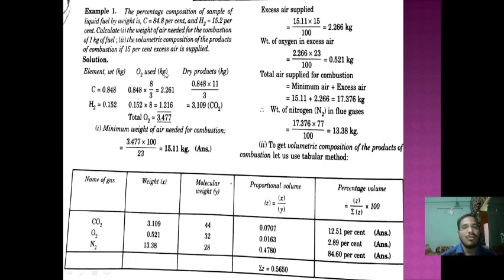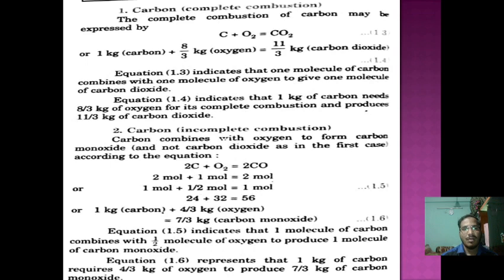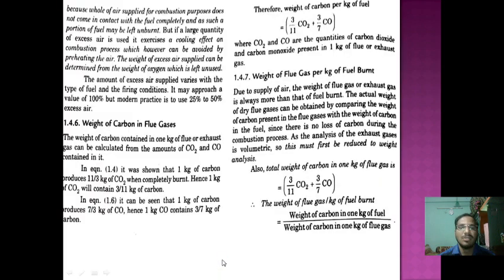How much oxygen are we using? In terms of 1 kg of carbon, we use 8/3 kg of oxygen, and in terms of hydrogen, we use 8 kg of oxygen. So remember these two things.